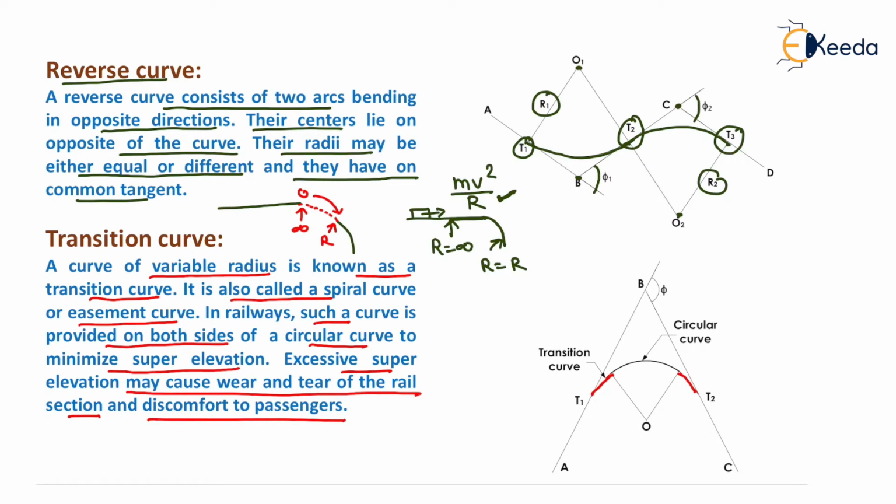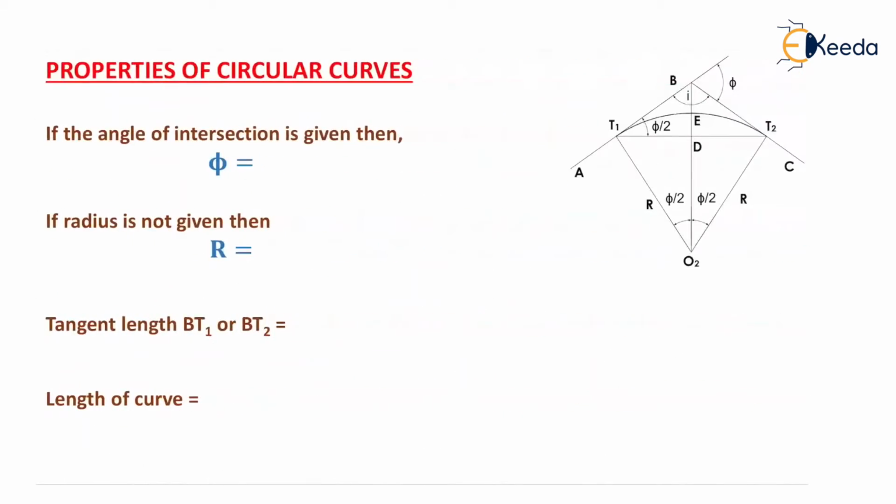Okay students, that is the transition curve. Now the most important topic as per the GATE exam from geomatics engineering and from the topic of curves is the property of circular curve. Now we have a circular curve like this, that is T1 E T2, and T1 is the first tangent point, T2 is the second tangent point, B is the intersection point.